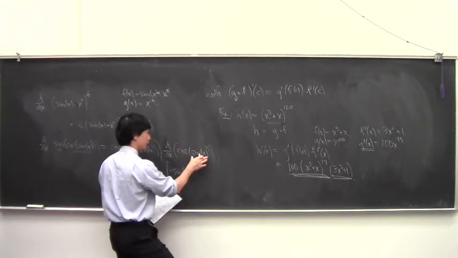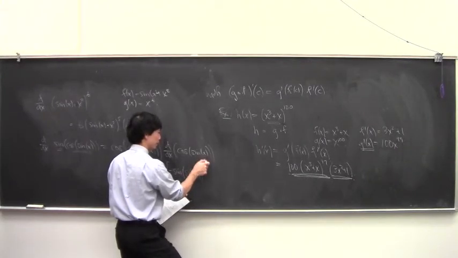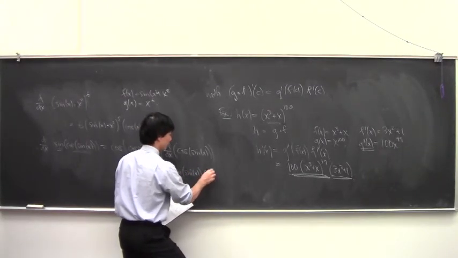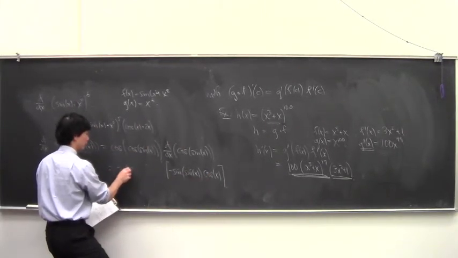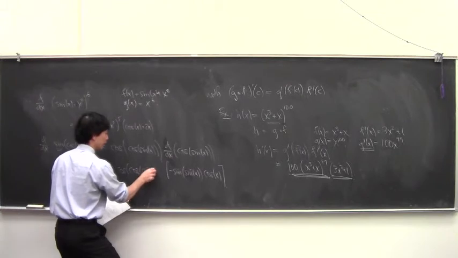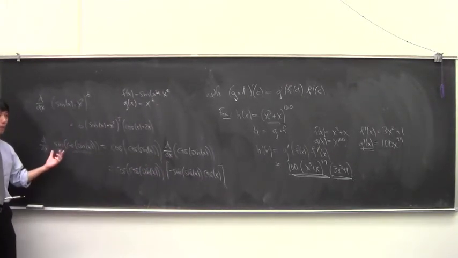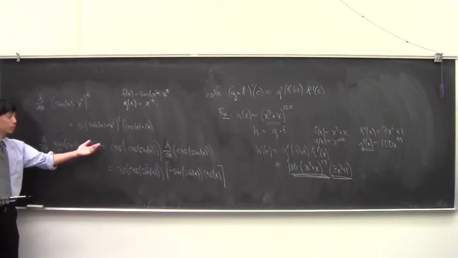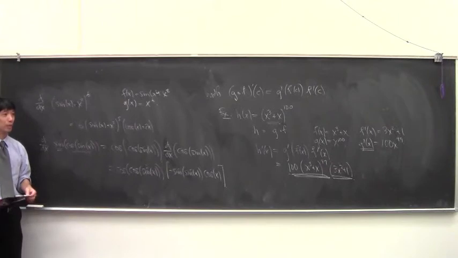Negative sine, evaluate it at the inside function, times the derivative of the inside function. So you just iteratively apply the chain rule, and if you had 4, you would just apply the chain rule 3 times rather than 2 times.